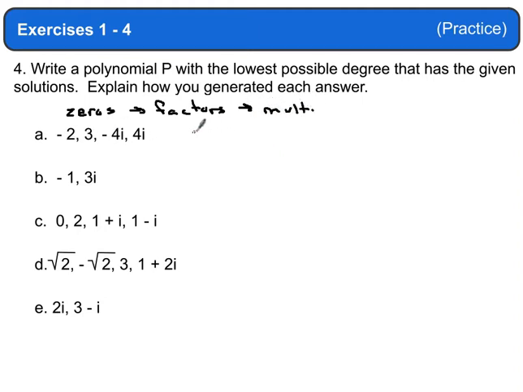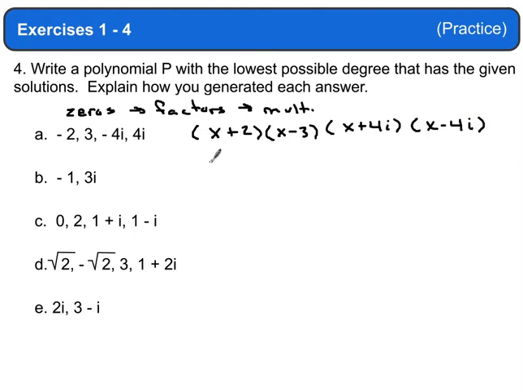So we would have x plus 2, x minus 3, x plus 4i, and x minus 4i. And we're going to multiply these together.